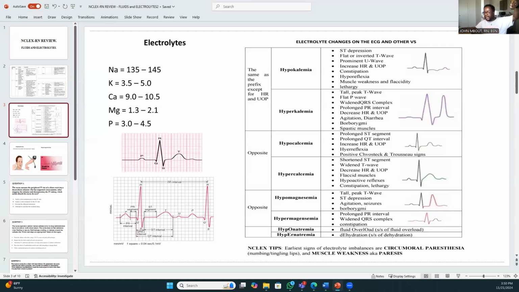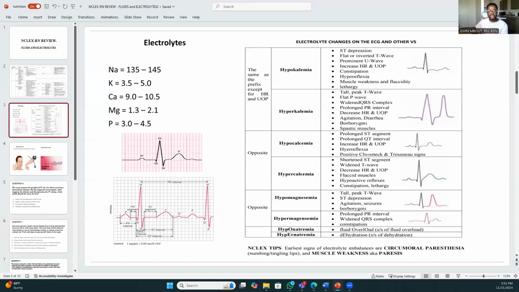In fluid volume deficit, the pulse is thready, increased pulse. In fluid volume excess, the pulse, when you check, it will be bounding. Of course, there's more fluid inside, right? You can actually feel. You have altered mental status, visual disturbances when there is excess fluid in the system. We have to know this.